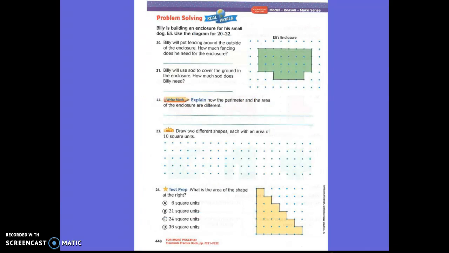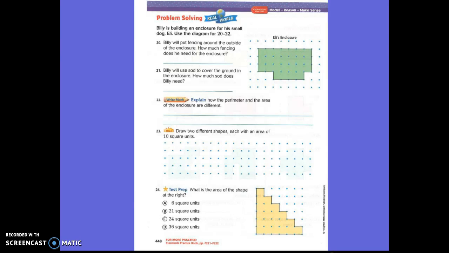Okay, listen. Billy is building an enclosure for his small dog, Eli. They're calling this Eli's enclosure because the dog's name is Eli. An enclosure, guys, is like a fence, but it's also the part inside the fence. Now listen.